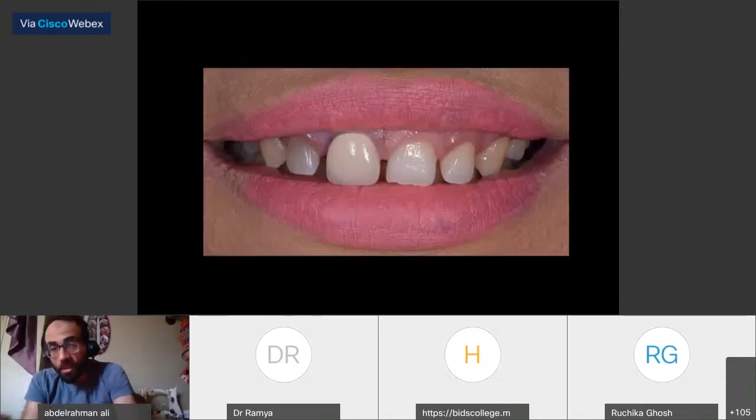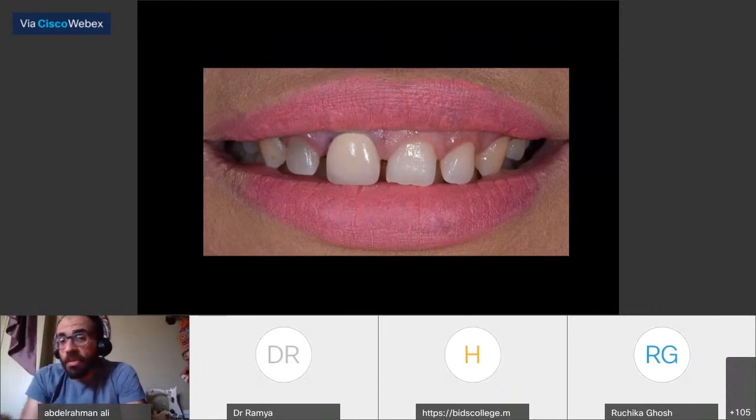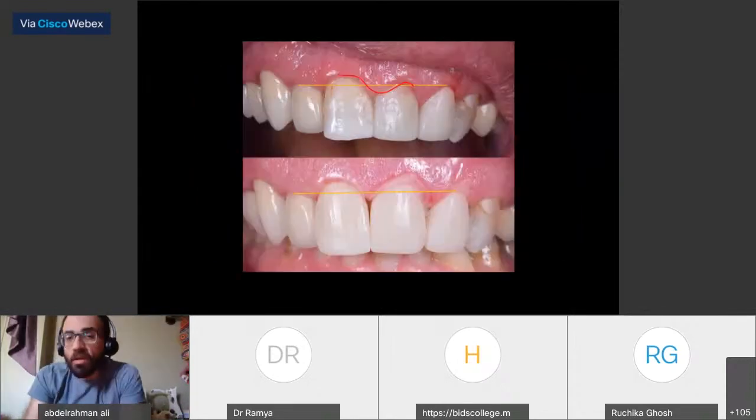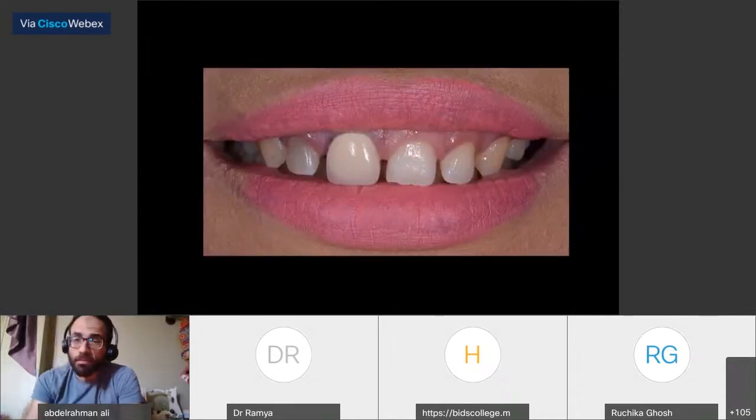Also in indirect restoration, believe it or not, this patient came to my office to close the diastema. She was okay with the crown for 18 years. Her sister, a dentist, did a crown for her, and she's okay with the color.